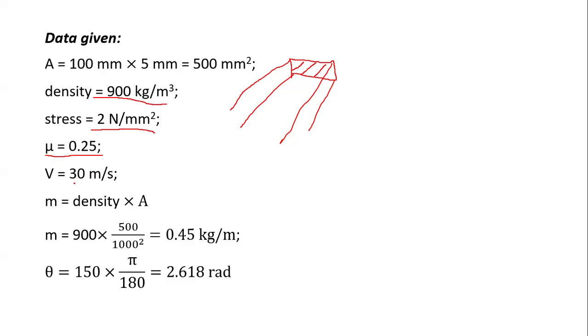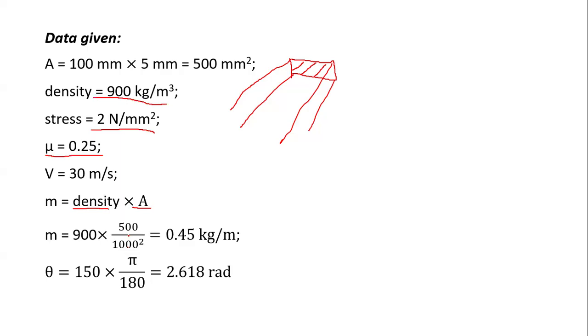Velocity of the belt is 30 meters per second. Then let's find the mass per unit length of the belt. This is supposed to be density times the area. The density is 900 kg per cubic meter. We cannot use this area in square millimeters; we have to convert it to square meters.